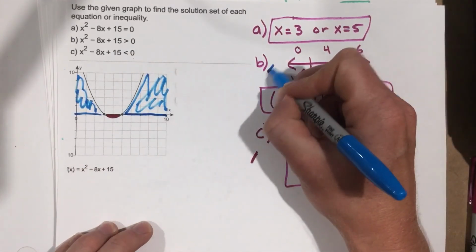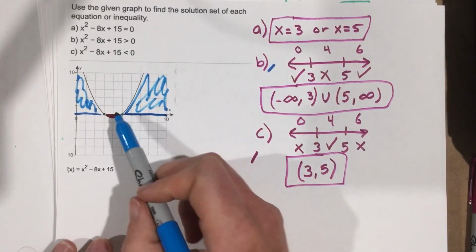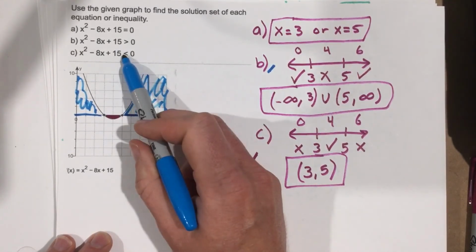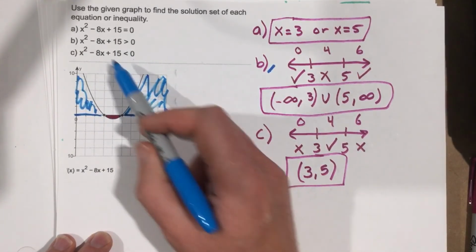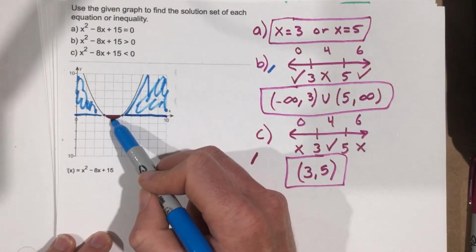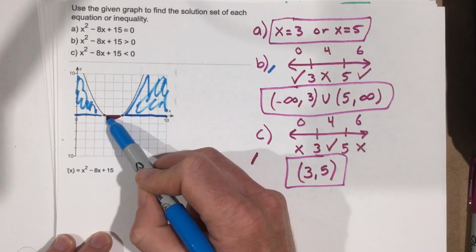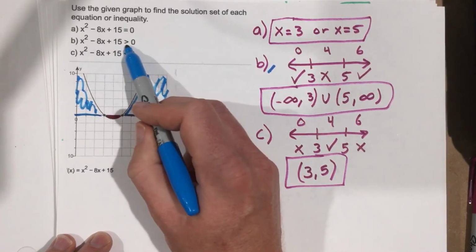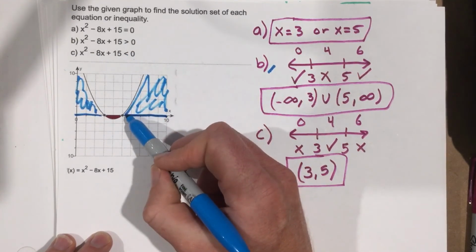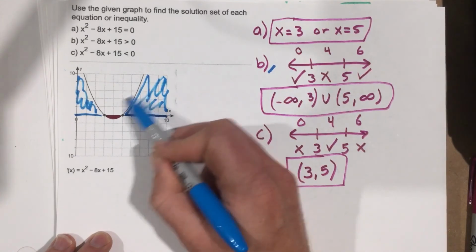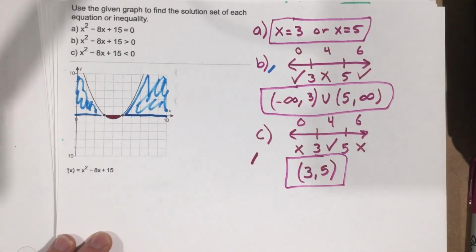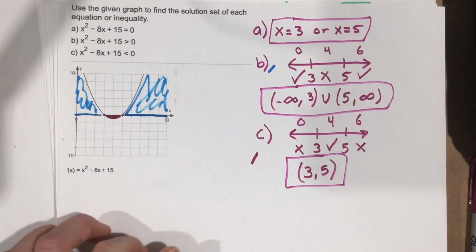And that's going to be for part B. So you can see that if it says less than 0, when you have an upward facing parabola, the x-axis to the function, that's where the function is less than 0, right? For the other part, greater than 0, that's going to be from the x-axis up until you touch the function. So I hope that makes sense how that works.